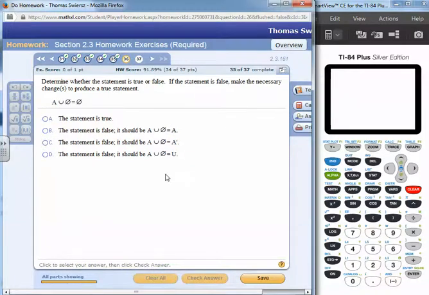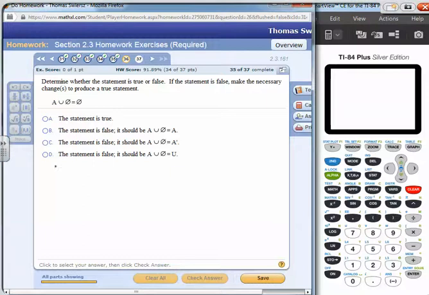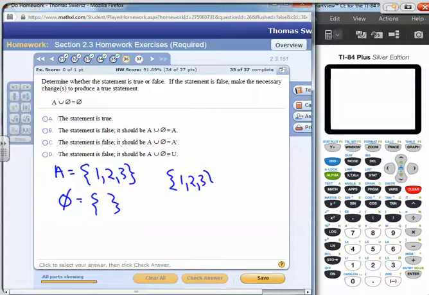Okay, A union the empty set is equal to the empty set. Well, let's say A is 1, 2, 3. The empty set has no elements. So when we take the set A, 1, 2, 3, union it with nothing, remember, union is in one or the other. So we do have the 1, 2, and 3.